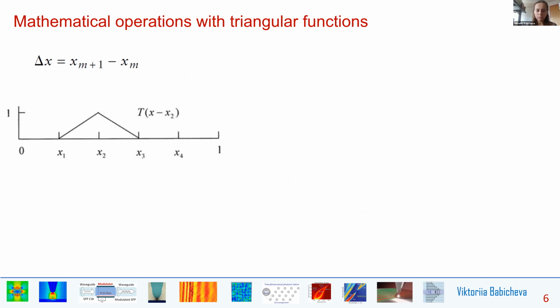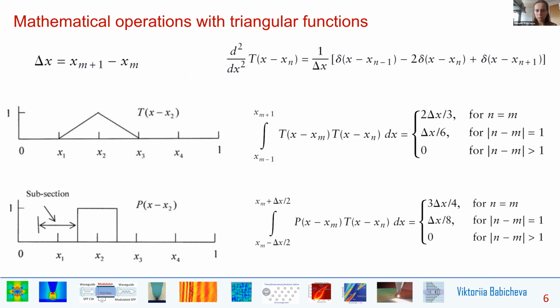So we can define the element size x by this expression, and then some of the commonly occurring math operations with triangular functions are the following. Again, we can differentiate it twice.